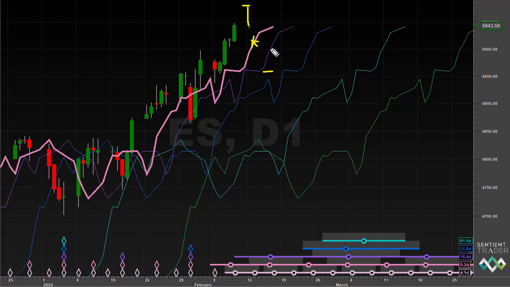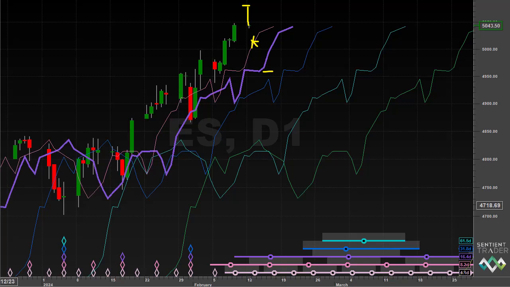Now that is of course below the level of the 20-day FLD. Let's change the highlight to the 20-day FLD. And so in reaching the target generated by the 10-day FLD, price will also of course cross below the 20-day FLD.